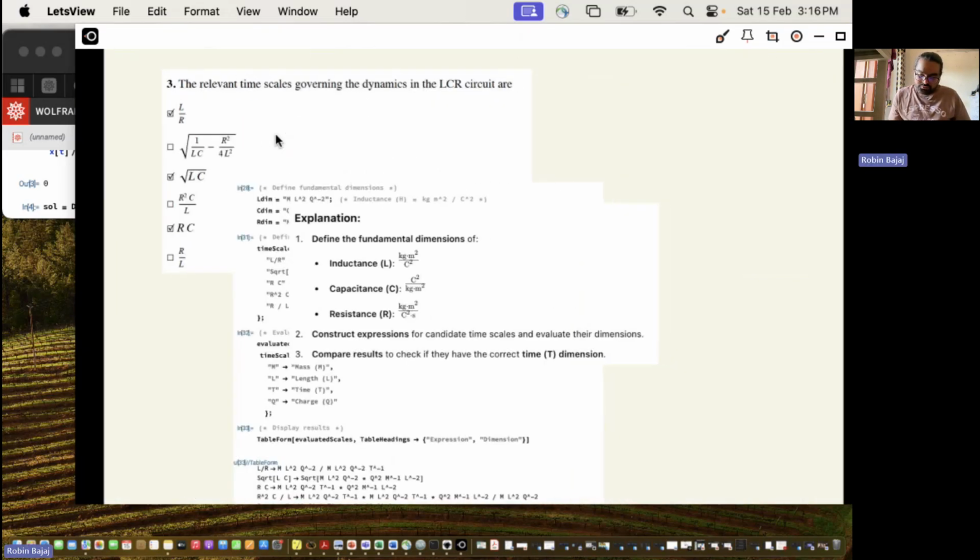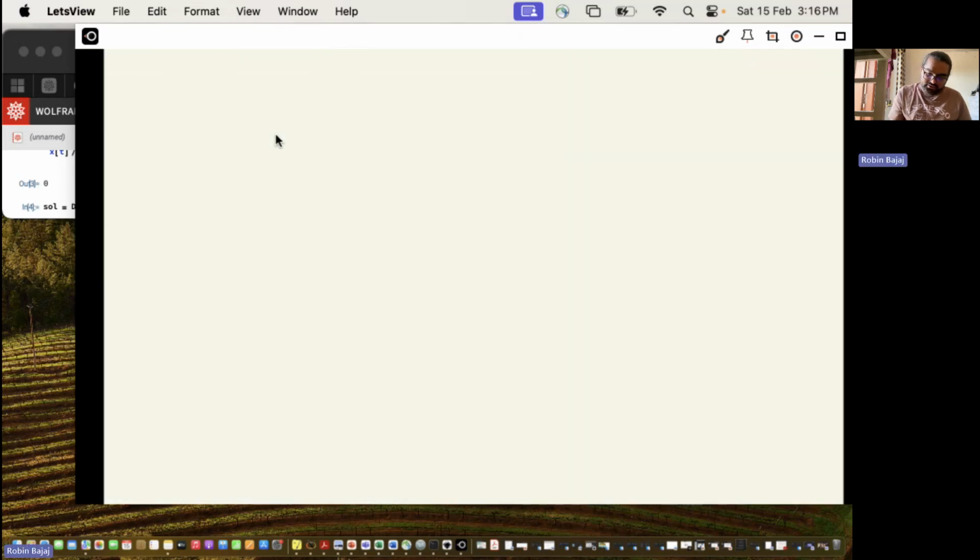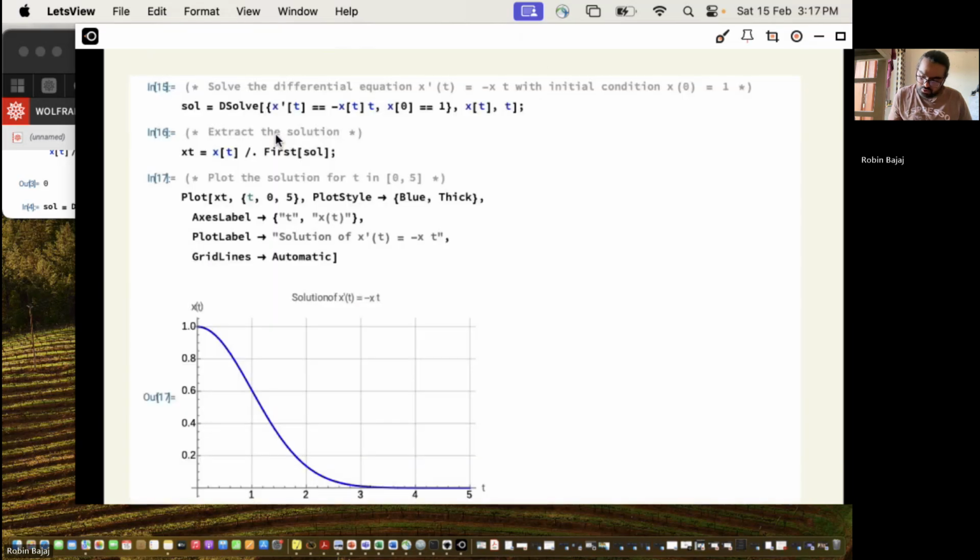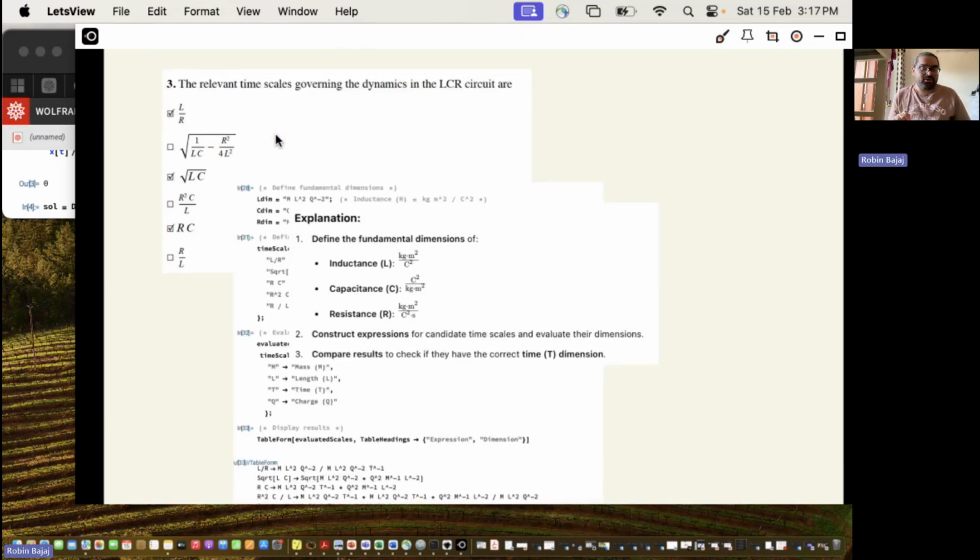Let me delete this empty page. Okay, so let's move to problem number three. It's about dimensional analysis. We'll do it in a normal way as well, and we'll try to code it up, in the case of how you can do it without using your mind.